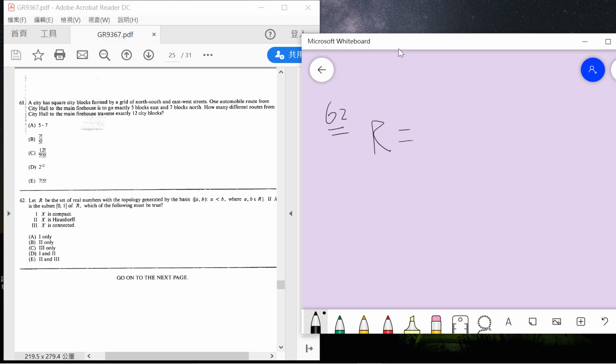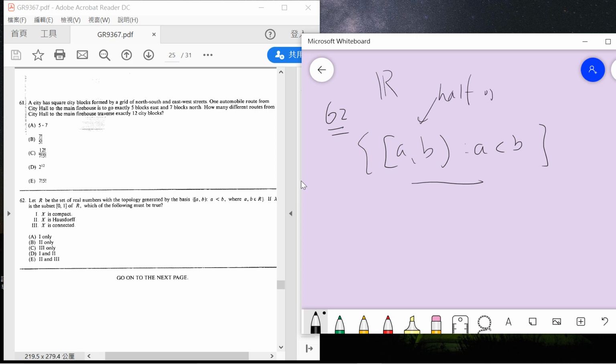R is the set of real numbers, but now we have a new topology, the topology generated by the basis of half open intervals.